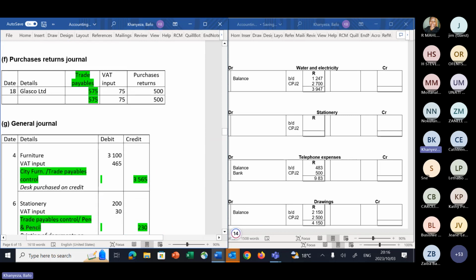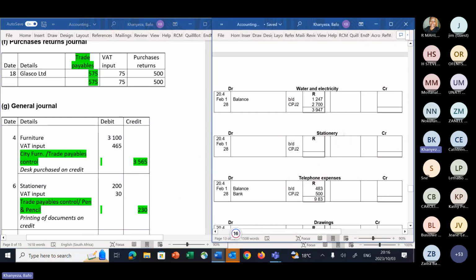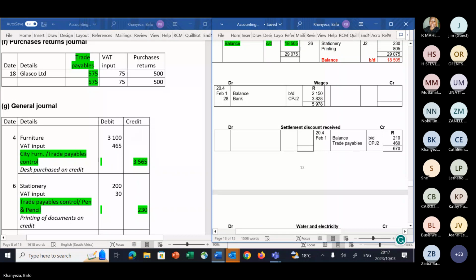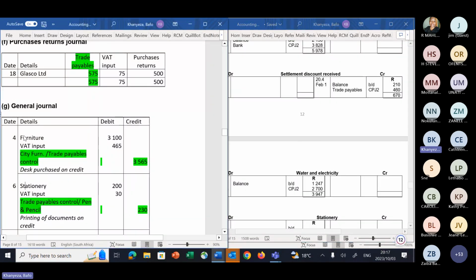We have stationery. Oh yeah, we have stationery. Okay, we've got furniture first. Let's start with furniture, so that you follow a pattern.